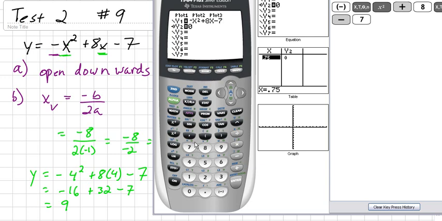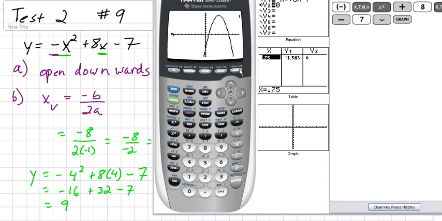Then I'm also going to graph a line y equals 0, which ends up being a line right on top of the x-axis. When I graph this, my parabola shows up, which opens downwards, and you can see the line going right along the x-axis. Graphing another line on top of the x-axis allows me to use my second trace function to calculate the intersection of the two lines I just graphed.